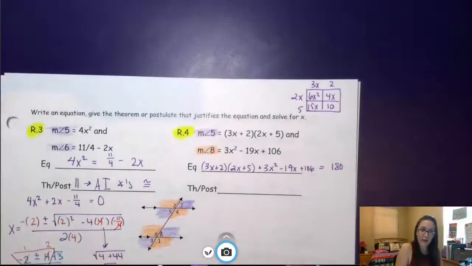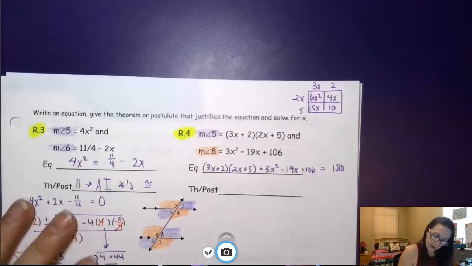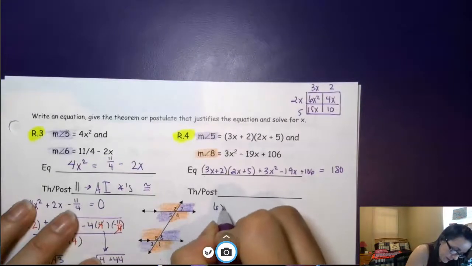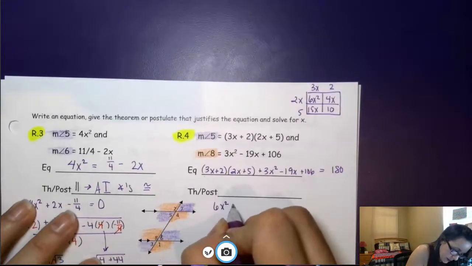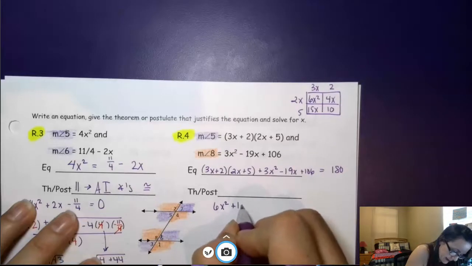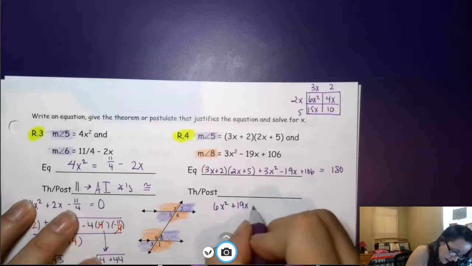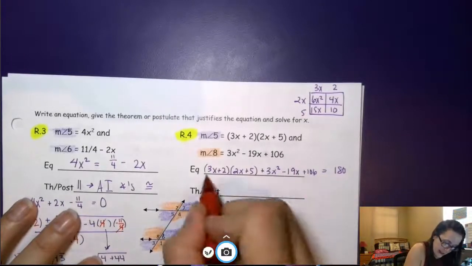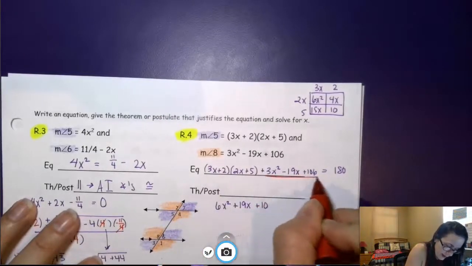So you can multiply those together. Again, you can use FOIL if that's what you're comfortable with. But after I multiply them together, I end up with 6x squared plus 4x and 15x plus 10.